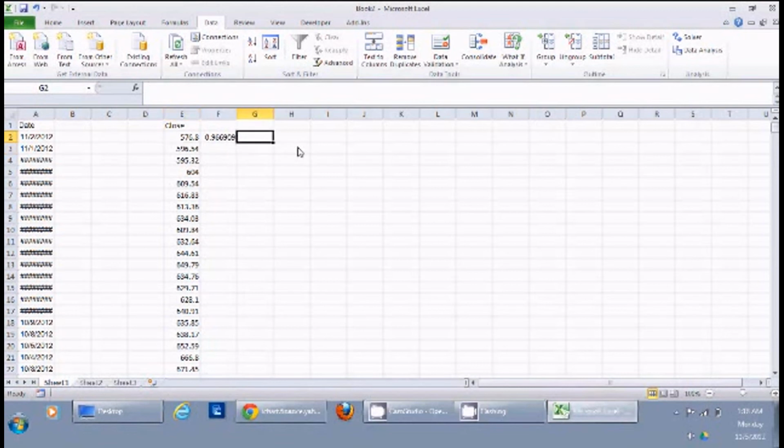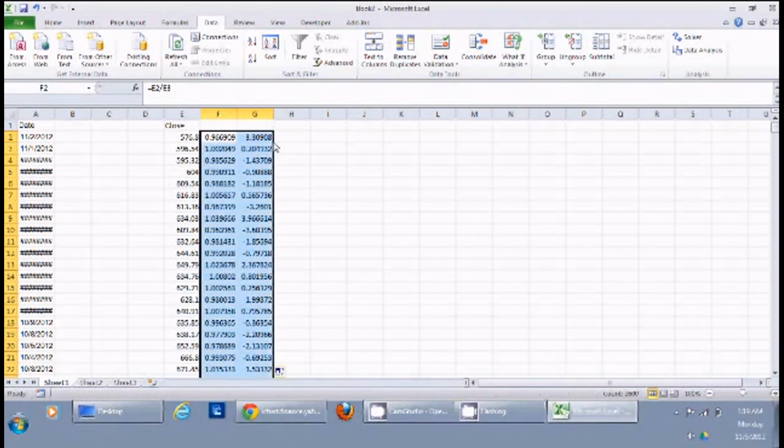So I can calculate the percentage by subtracting 1 from this number and then multiplying by 100. So that's just that there was a 3.3% decrease in the price of Apple on November 2nd, and I can do the same thing for all the historical prices. Double click here, and it copied, and you can see that the price change was different on all these different dates.